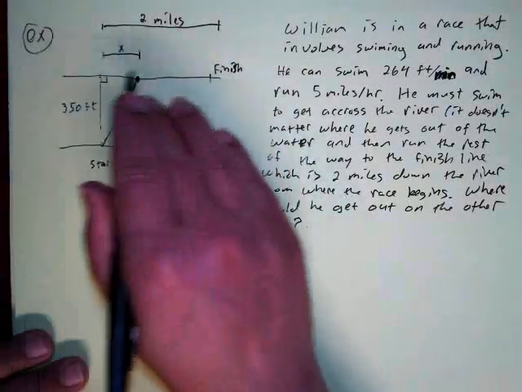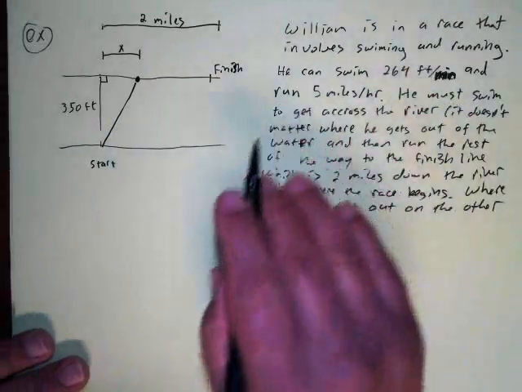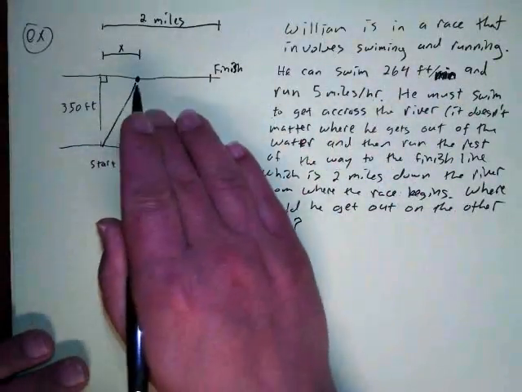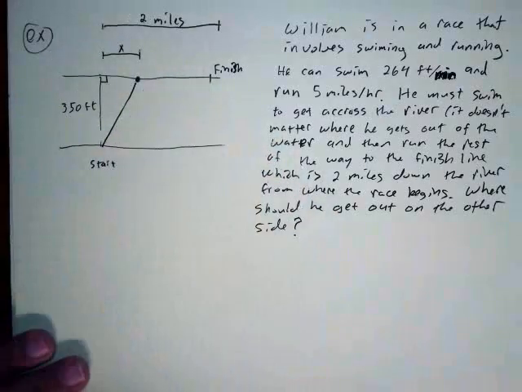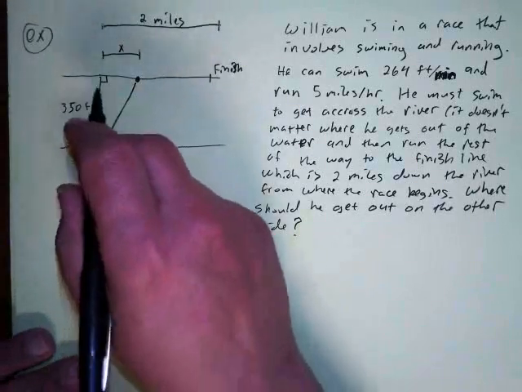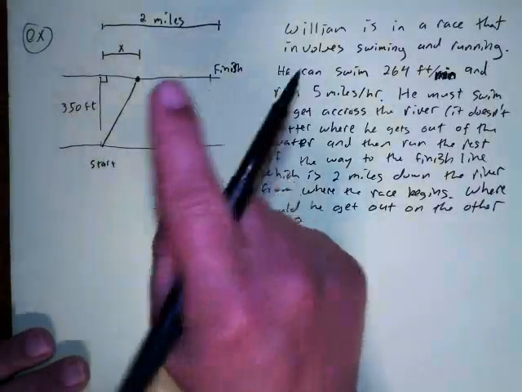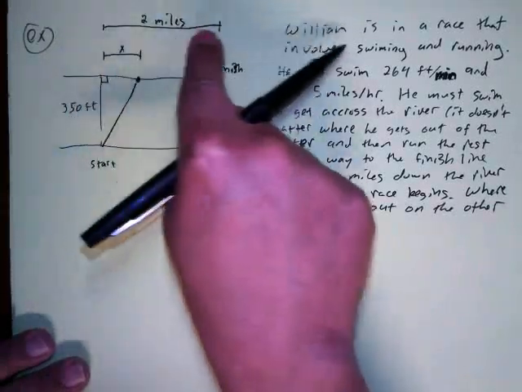And this is actually a river that's 350 feet across. And the race involves both swimming across the river in some way, and then running the rest of the way to the finish line. Okay? Now, the thing is, it doesn't matter if he goes straight across and runs the full 2 miles, because from this point across the river to the finish line is 2 miles.